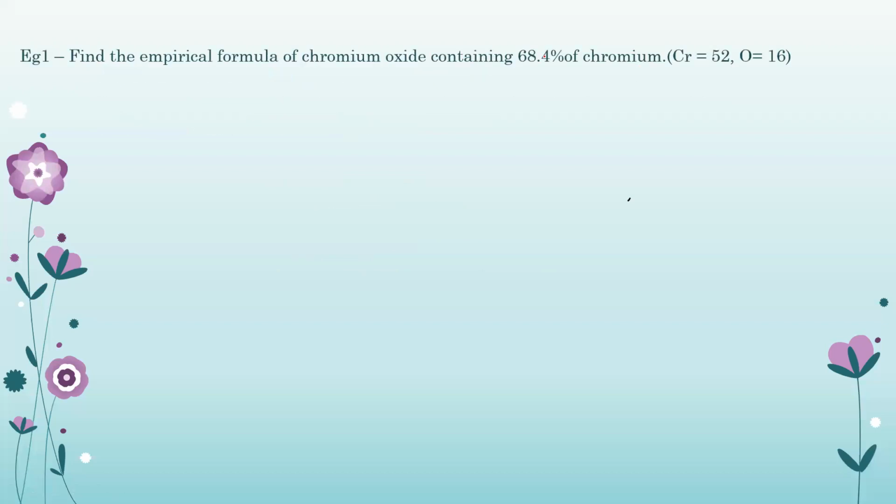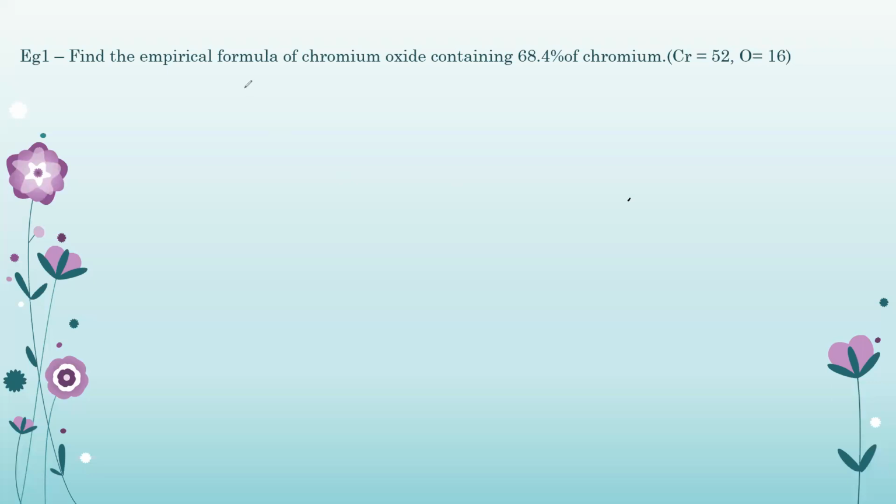So here they are saying find the empirical formula of chromium oxide containing 68.4% of chromium, and the mass of chromium and oxygen are given to you. Okay, so first of all, this is the percentage given, correct? We will assume the total to be 100% because it is a percentage.